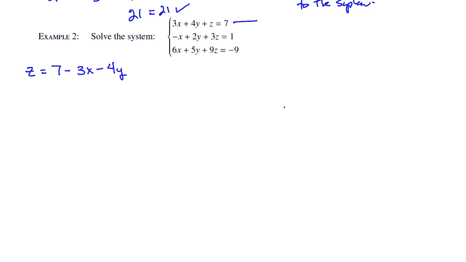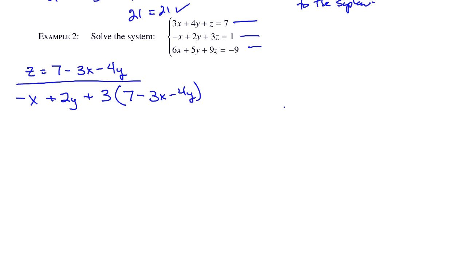Then I'm going to take this solution and plug it into the bottom two equations. So we're going to have negative z plus 2y plus 3 times, and now I substitute the z, 7 minus 3x minus 4y equals 1.